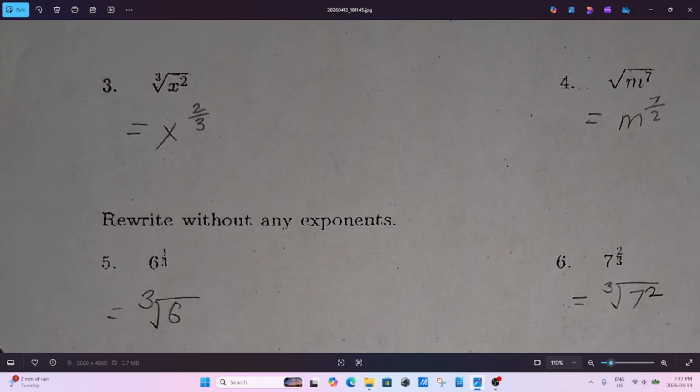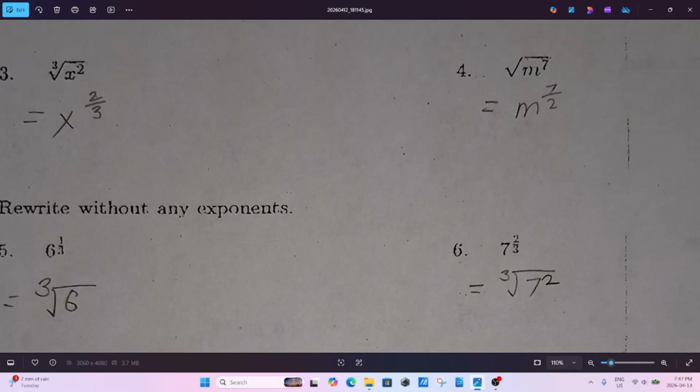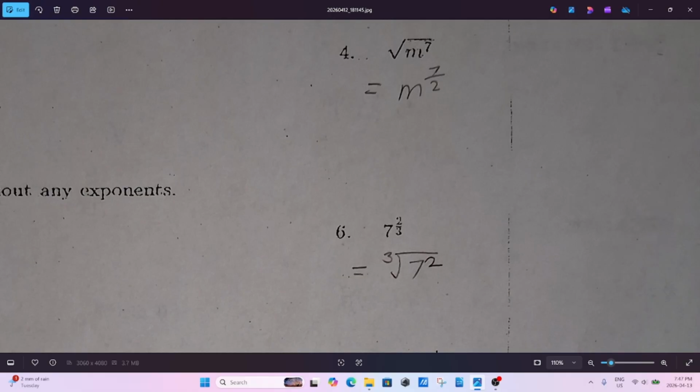Question 3, the third root of x squared is equal to x to the 2/3. Question 4, the square root of m to the exponent 7 is equal to m to the exponent 7/2.